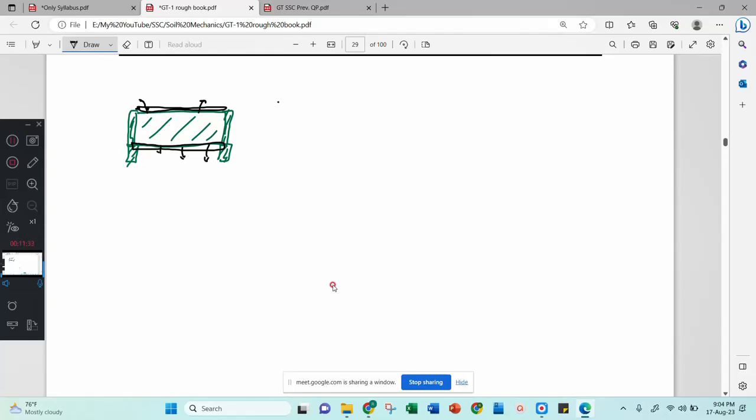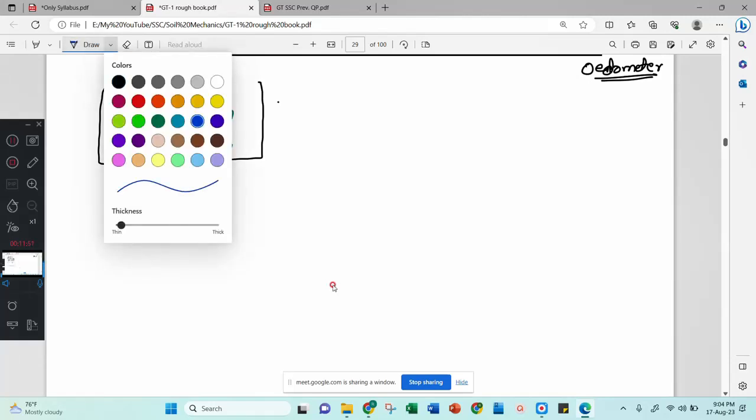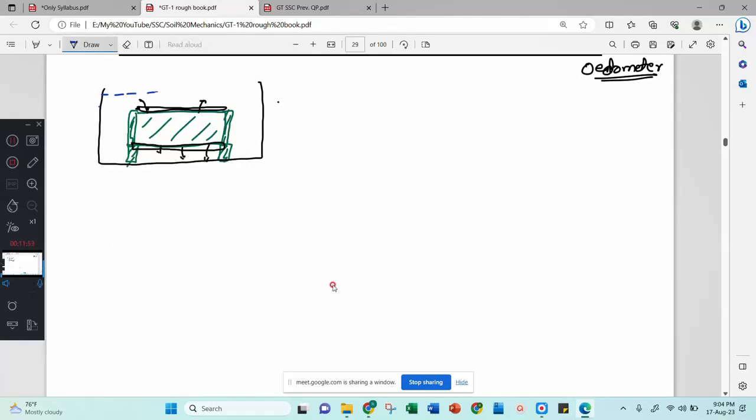This assembly we will keep in the big container, and this entire thing is called an oedometer. You remember this: the oedometer is the instrument used to determine consolidation. Now the entire assembly is kept in the big container, where the water is filled like this.